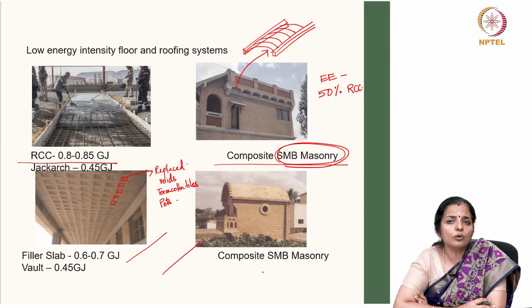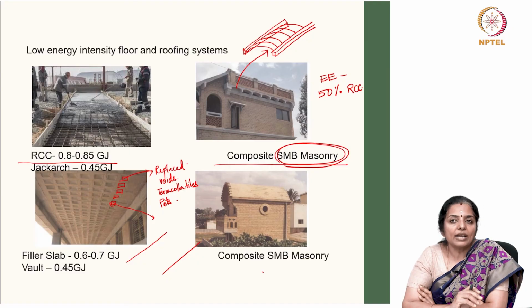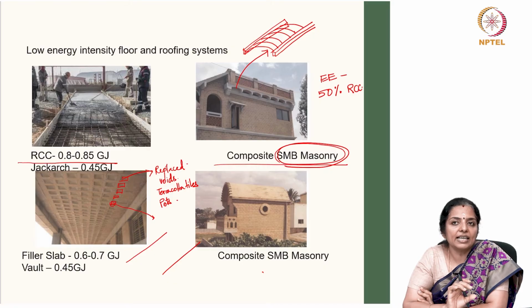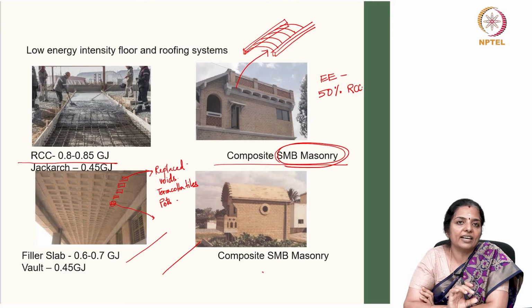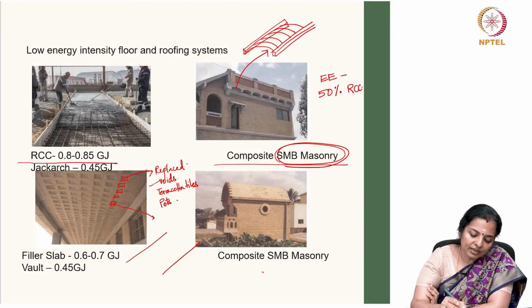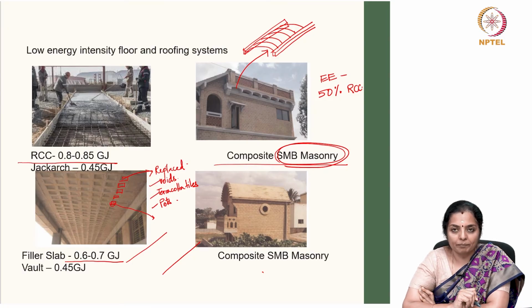So, the unreinforced masonry here, this part is not reinforced. Where the zone does not need too much strength, that part is scooped out and refilled with any one of these. And when you do that, the embodied energy is 0.6 to 0.7.